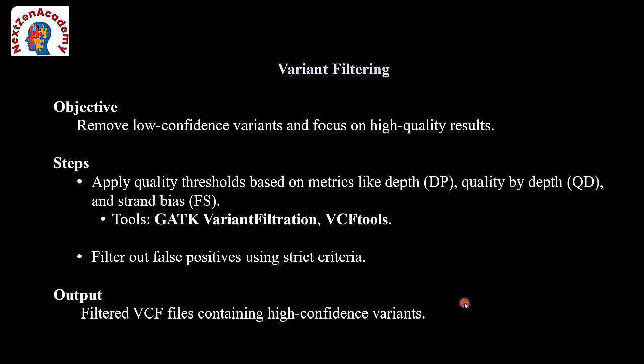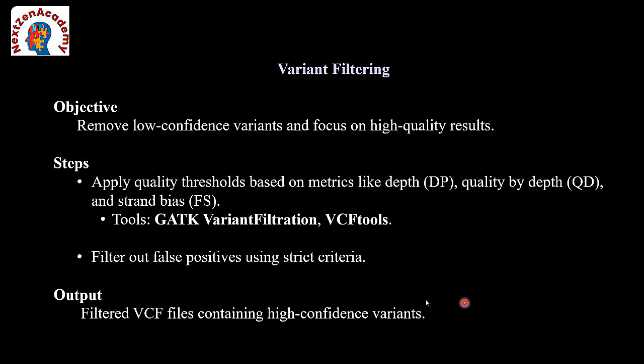Once we get the raw variant file, we can identify some of the low confidence variants, and our aim is to focus on high quality results. In those conditions, we apply quality threshold metrics like depth, quality by depth, and strand bias.